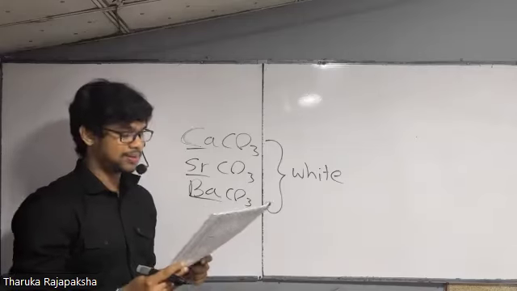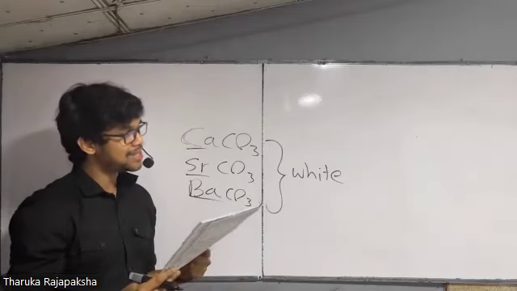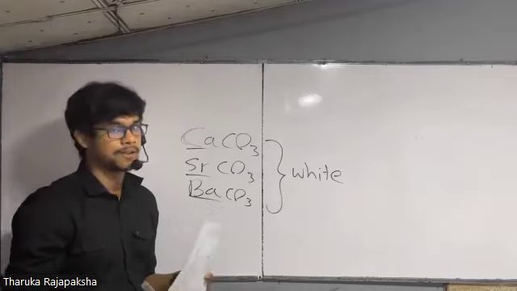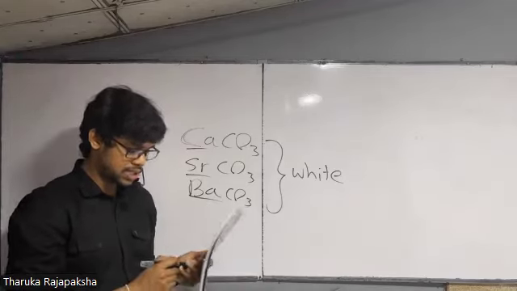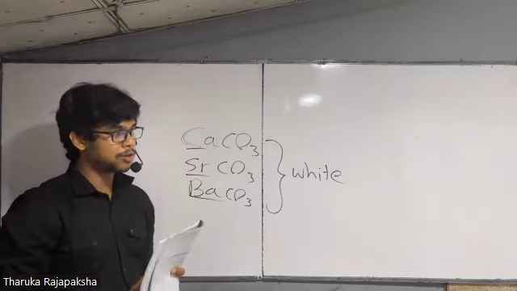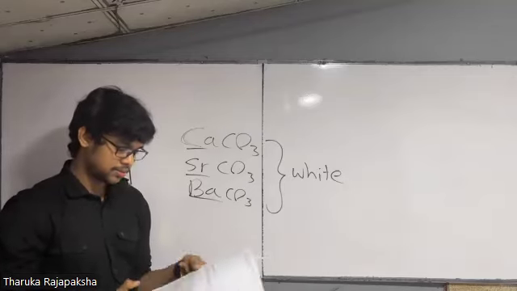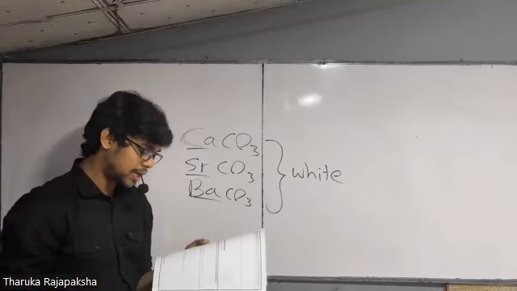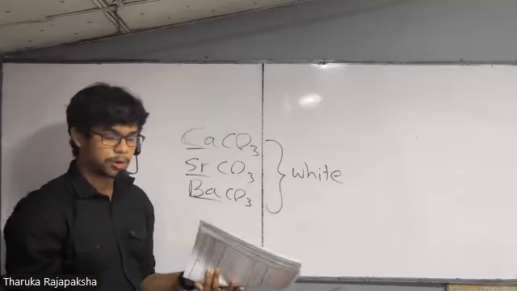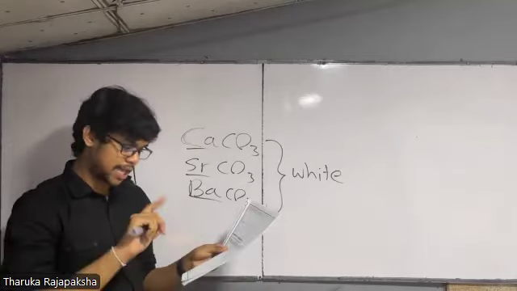Magnesium special. The last one is just magnesium special. This one is not in the syllabus, but I have seen a lot of teachers, especially school teachers, include this in their notes. So I thought of putting this one in the note also. There's an organic compound called 8-hydroxyquinoline. You don't need to know the molecular structure or anything. Just the name is enough.